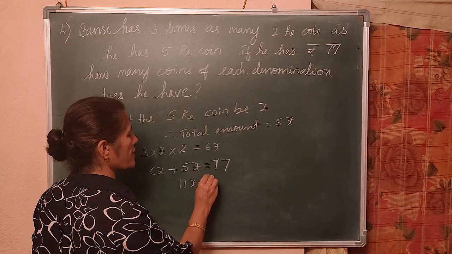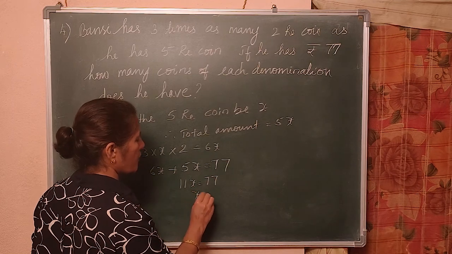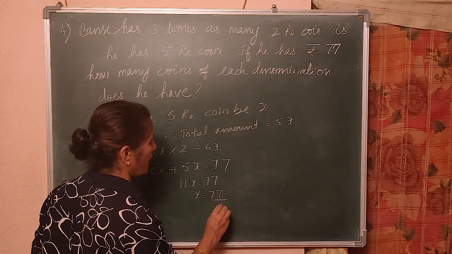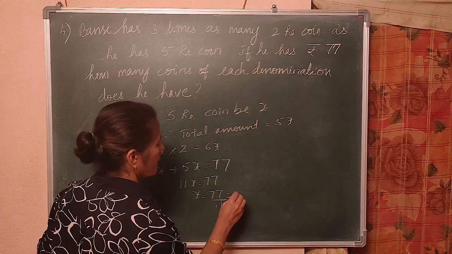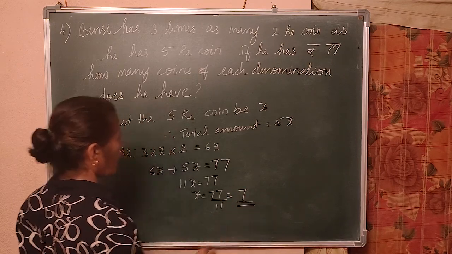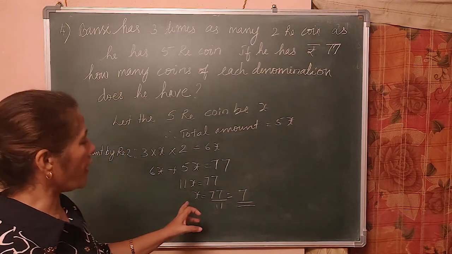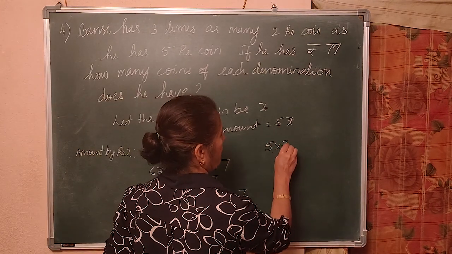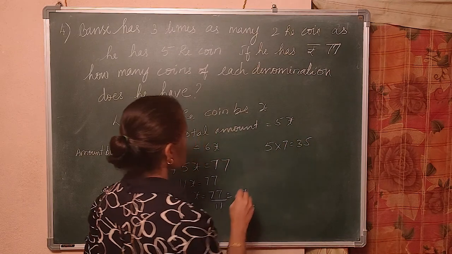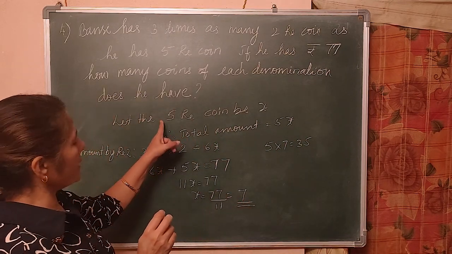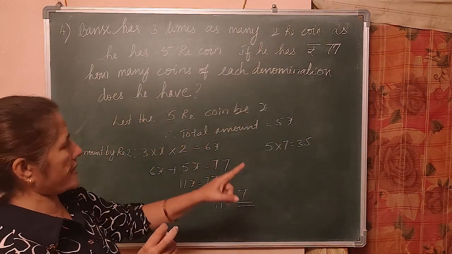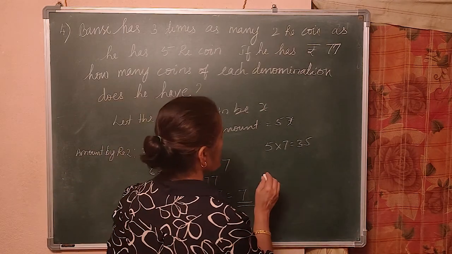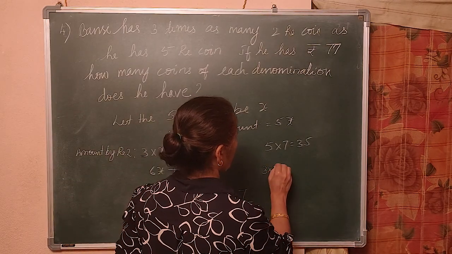11x is equal to 77. So x is equal to 77 divided by 11. How much? 7. So what can I say? 5 rupee coins are 7. So 5 7s are 35. Am I right? So 2 rupee coins are 3 times x. 3 times 7, 3 7s are 21.